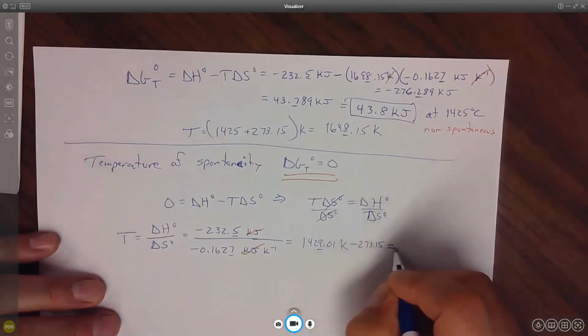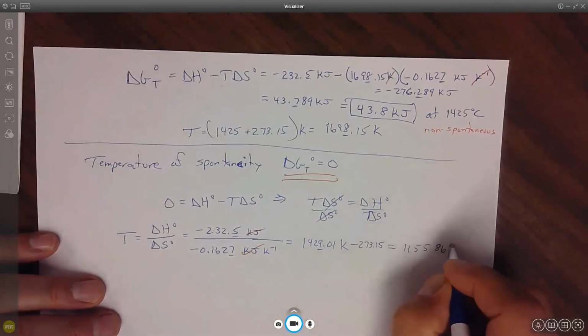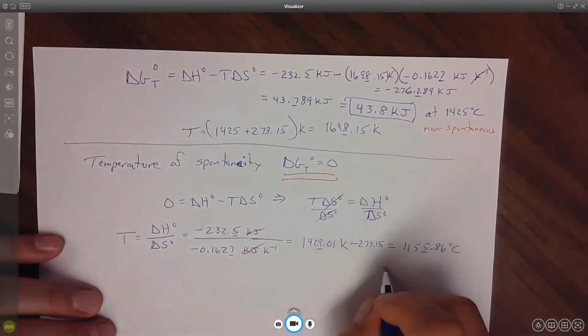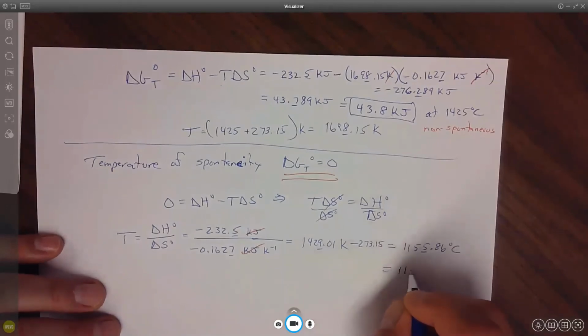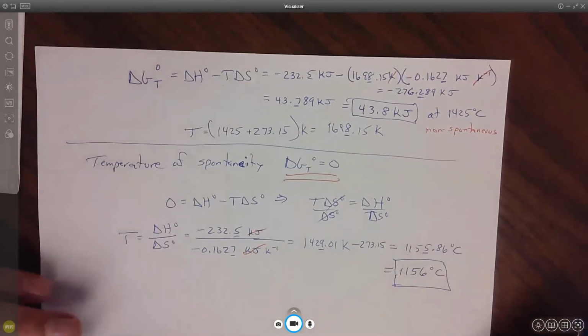And that's going to give me 1,155.86 degrees Celsius. Again, 1 in front. So this would equal 1,156 degrees Celsius. This is what we would call the crossover temperature or the temperature of spontaneity.